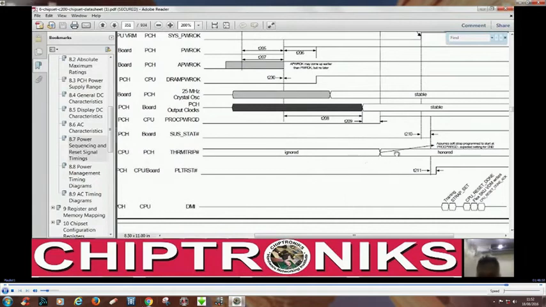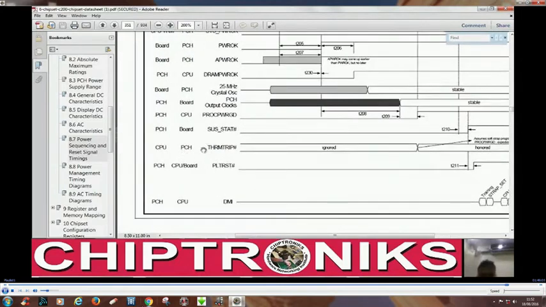trip will work when the PCH generates power good, and you can see the CPU will provide thermal trip. Here the thermal trip value would be high when it is turning on, and thermal trip value would be 0 when it is turning off.